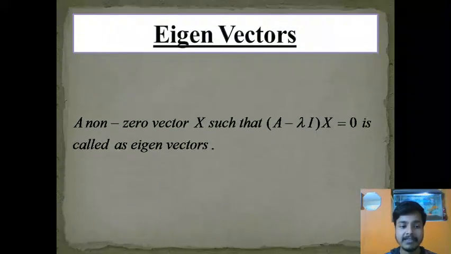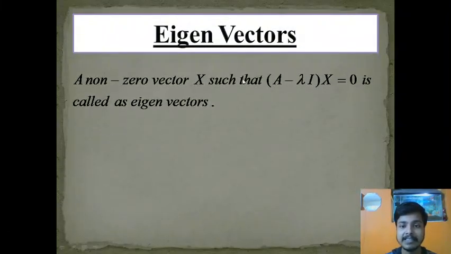Next is eigenvector: a non-zero vector x such that the matrix A minus lambda I operating on x is equal to 0 is called an eigenvector. Let me tell you, this is not a determinant sign, it is a matrix. Students are so many times in the habit of writing this as a determinant, which is not the case.